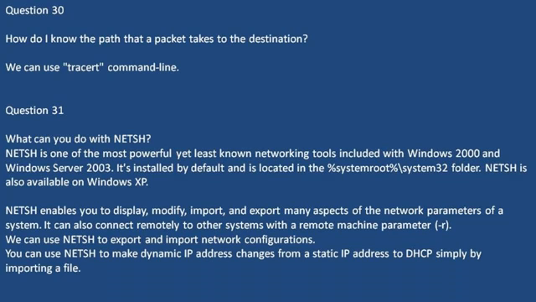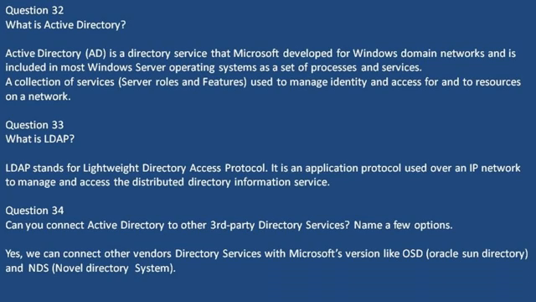It can also connect remotely to other systems with a remote machine parameter, -r. We can use NETSH to export and import network configurations. You can use NETSH to change from a static IP address to DHCP simply by importing a file.